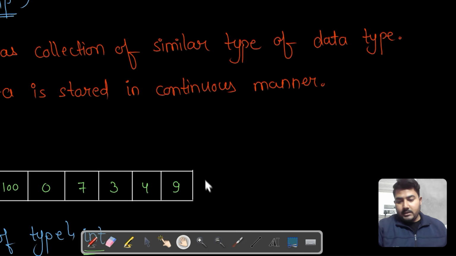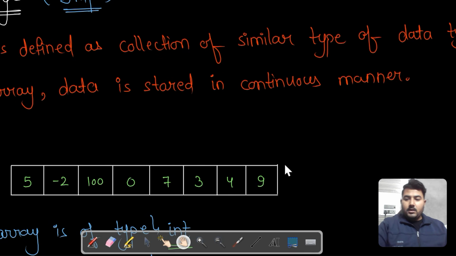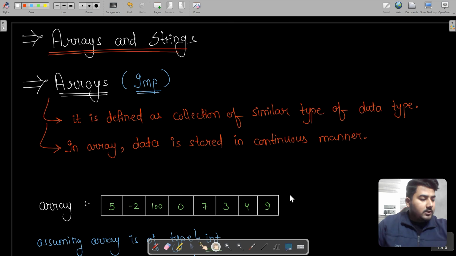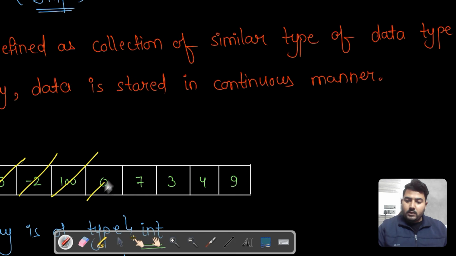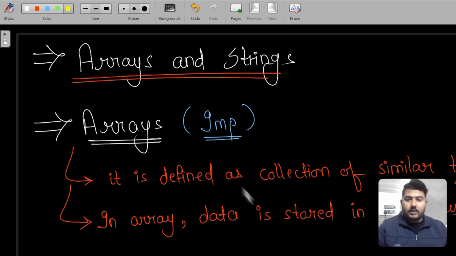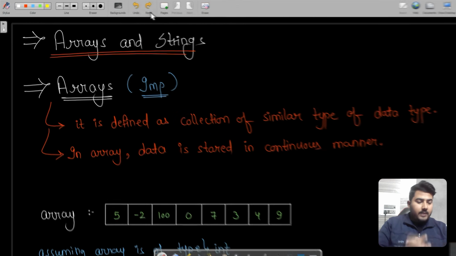What this line means is, let's just assume that we are having 5, or here, how many elements do we have? We have 1, 2, 3, 4, 5, 6, 7, 8. Let's suppose we have 8 data elements.